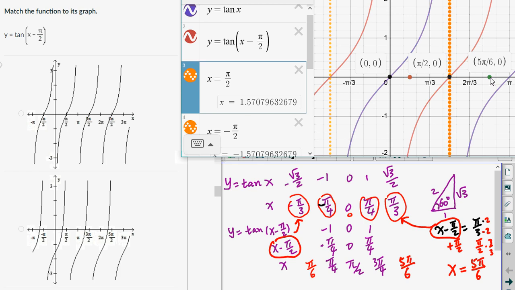Previously, we had this dotted line as an asymptote for this blue one. Well, this one also shifted. You add pi over 2, it goes here. So this will be the asymptote for this red curve.